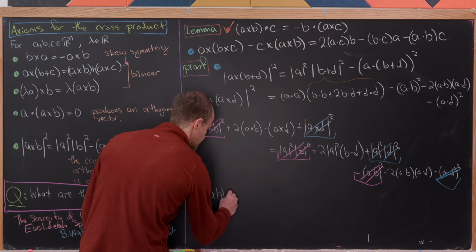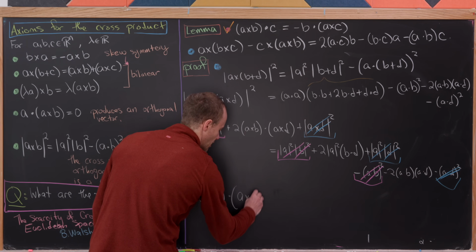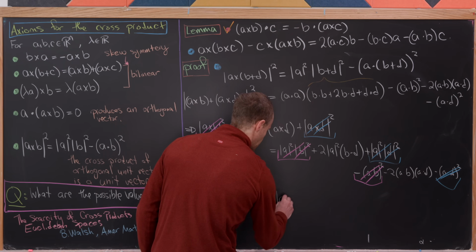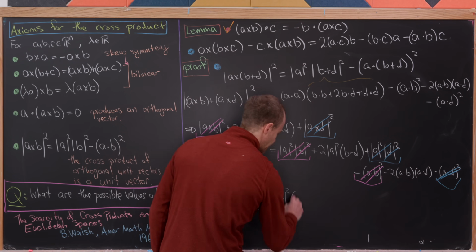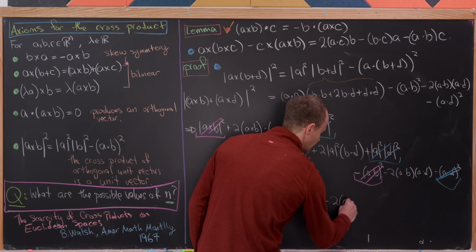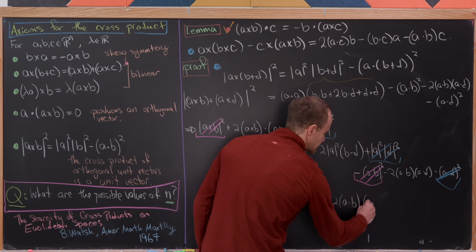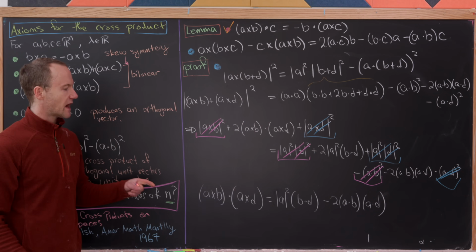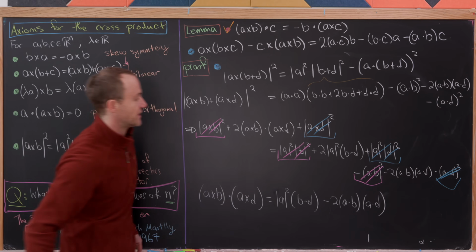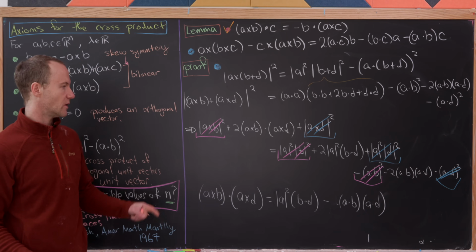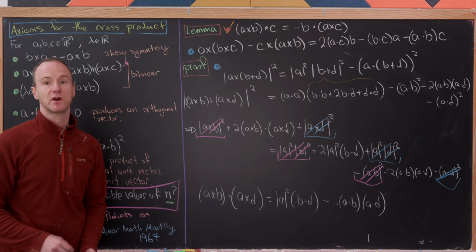Notice we have A cross B dot A cross D is equal to, let's see, modulus A squared, or length A squared, times B dot D minus A dot B times A dot D. Sorry, that shouldn't be a minus 2 anymore because we divided both sides by 2. Okay, so now let's take that and see where it takes us.